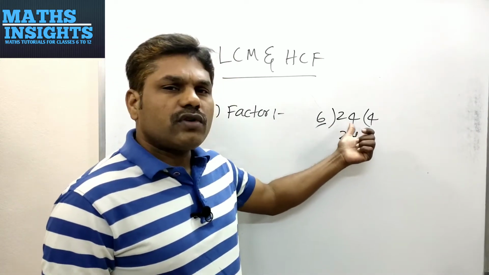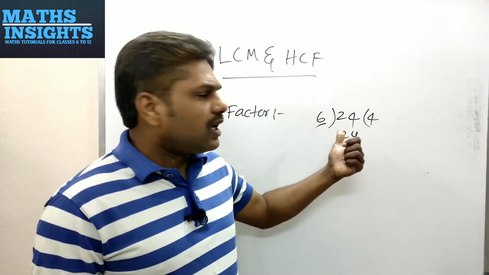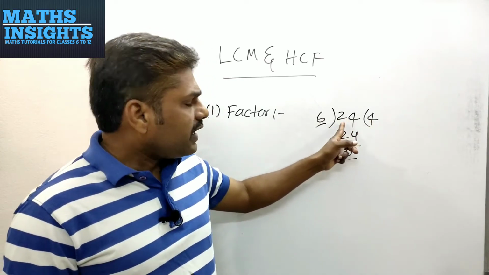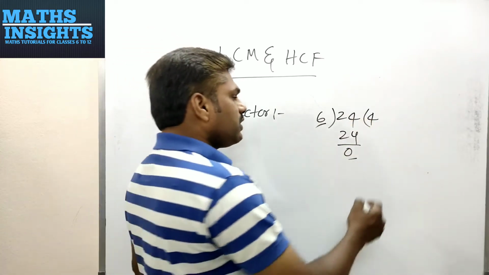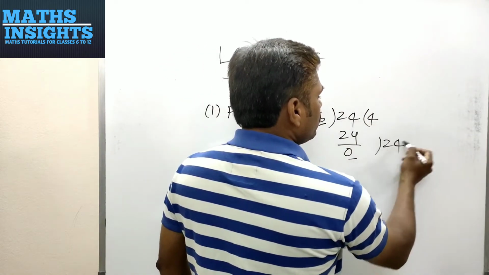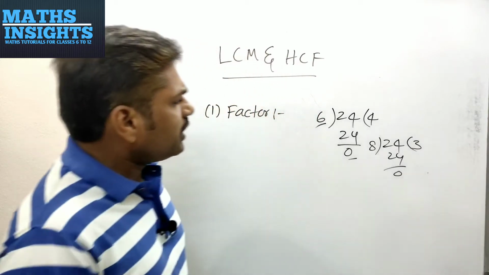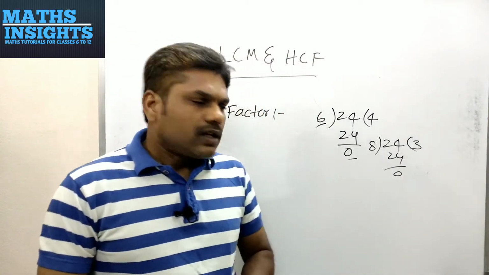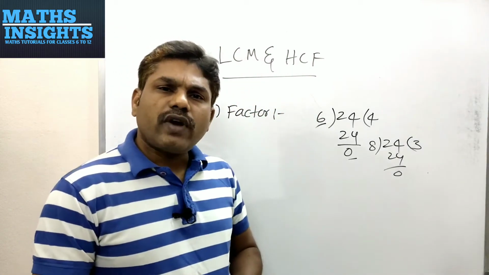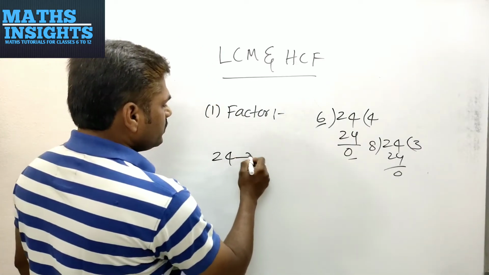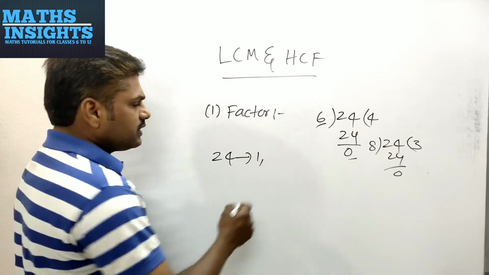See, for 24 there are more factors other than 6 also. 4 is also a factor. 8 is also a factor. Why? Because if you divide 24 by 8, 8 threes are 24. So for the number 24, you will find more factors. Those will be 1 and 2.